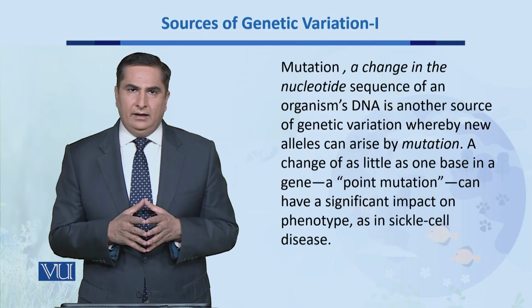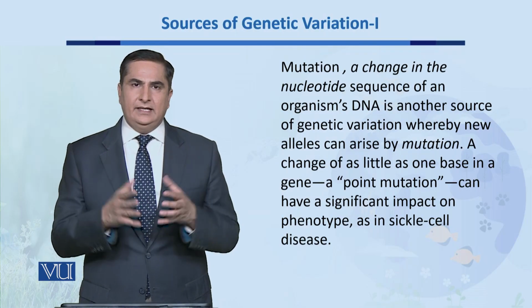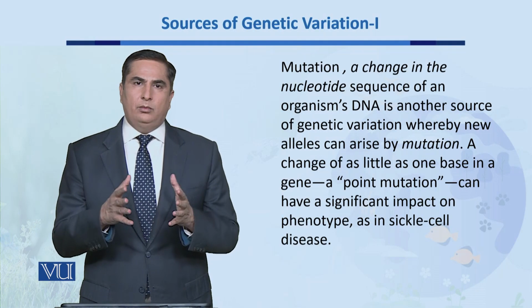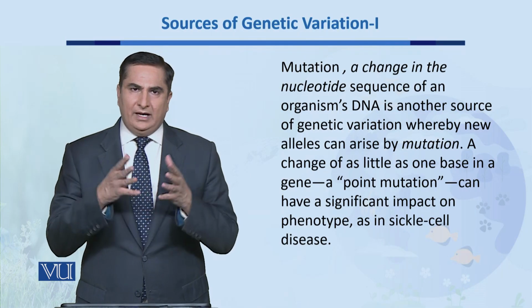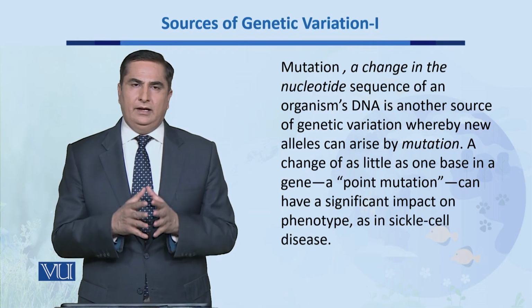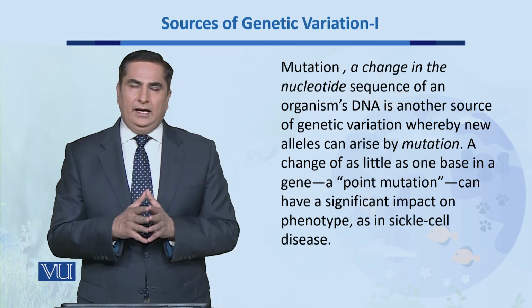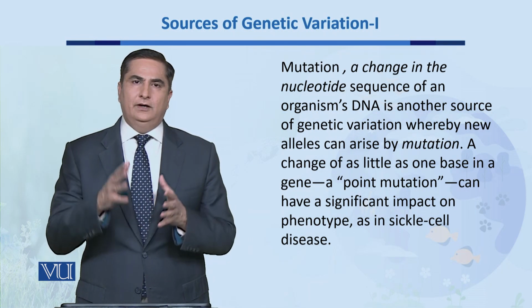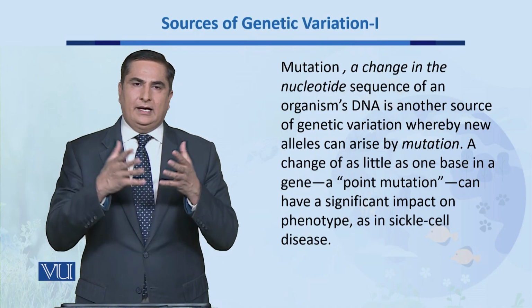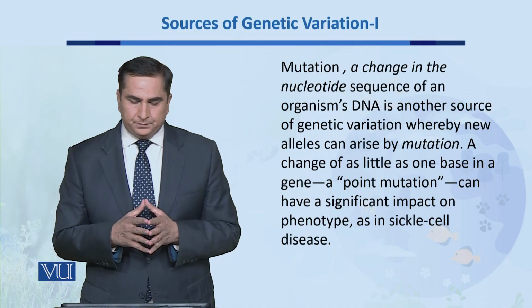Sickle cell anemia is a disease in which the normal red blood cells of an organism are not normal, and they take the form of a sickle or a crescent-shaped moon.